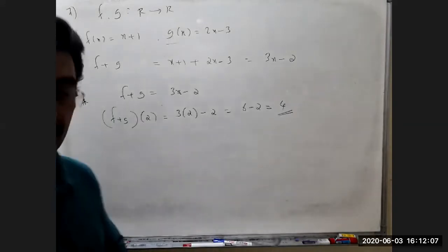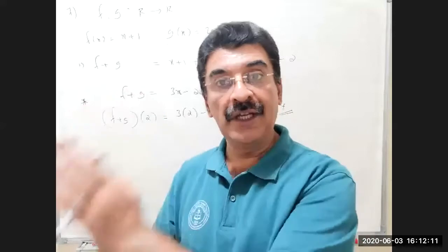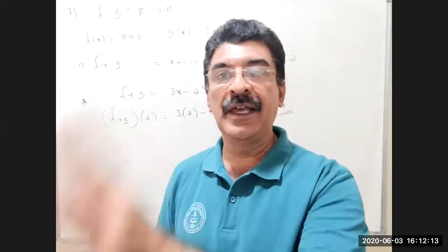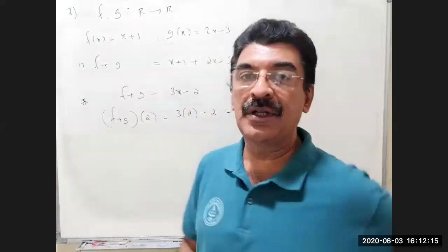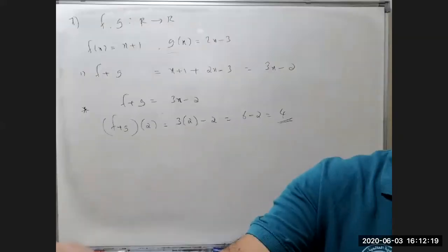So such questions also can be asked: f plus g of a particular number. After finding f plus g, replace x with that given number, that gives the answer. Next one. X value is, we have to add.